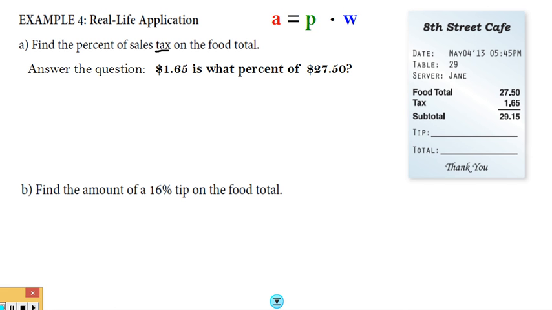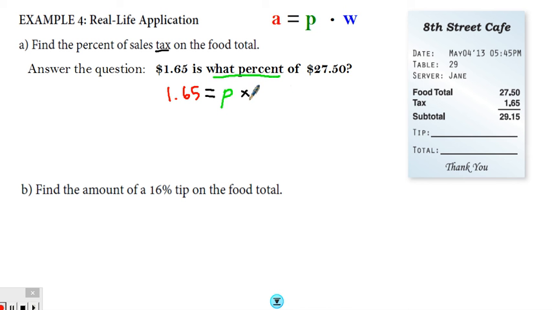And again, we're going to use the equation. So A is $1.65. Is means equal, so we're going to use an equal sign. And we don't know the percent, so we're going to use the letter P, which stands for percent.